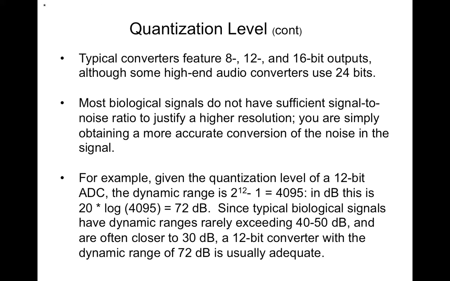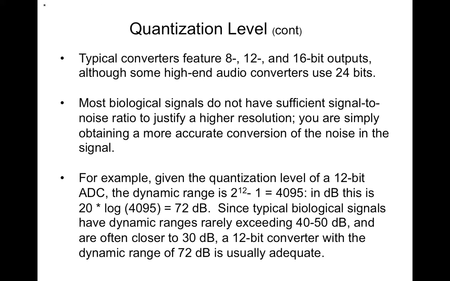If you look in dB at those 4095 levels, then 20 log of 4095 is 72 dB, but most biological signals have dynamic ranges that go between 40 and 50 dB and are usually closer to 30 dB. So a 12-bit converter is more than adequate.